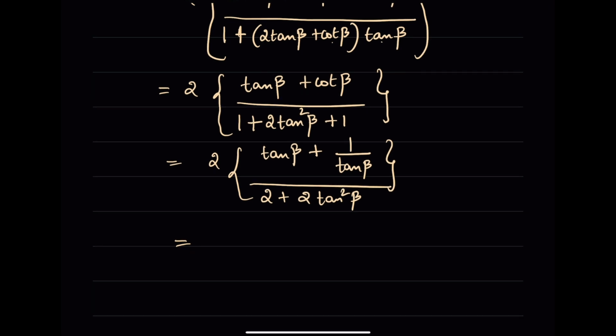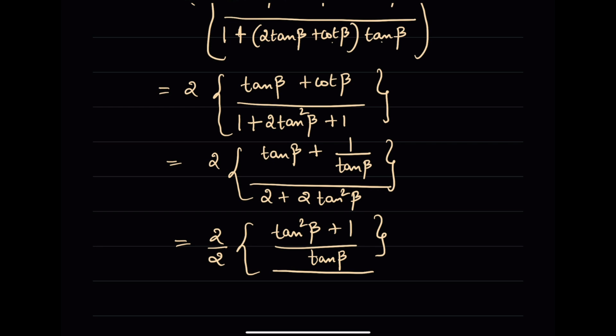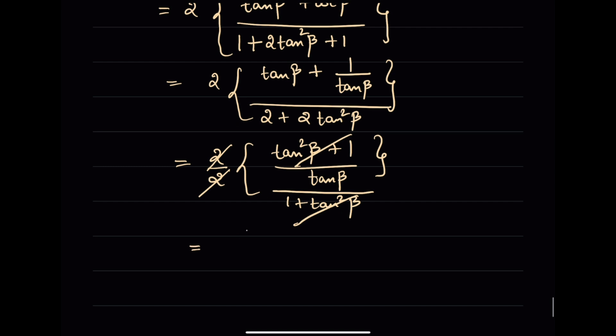In the denominator we have 2 as common, so this will be 2 by 2, and numerator would be tan square beta plus 1 divided by tan beta, and the denominator would be 1 plus tan square beta. So now we can cancel 1 plus tan square beta in the numerator and denominator. The 2 also gets cancelled, so we would have 1 by tan beta.